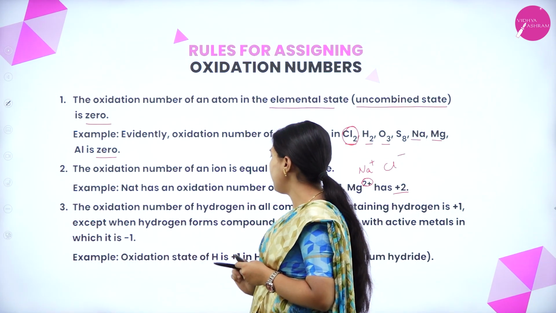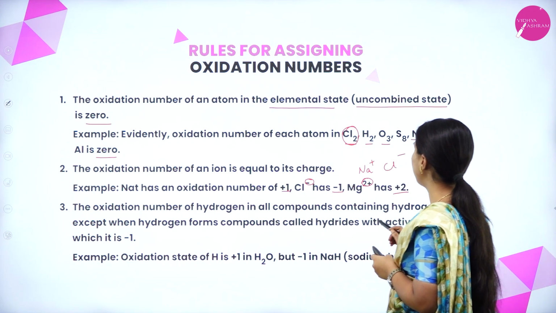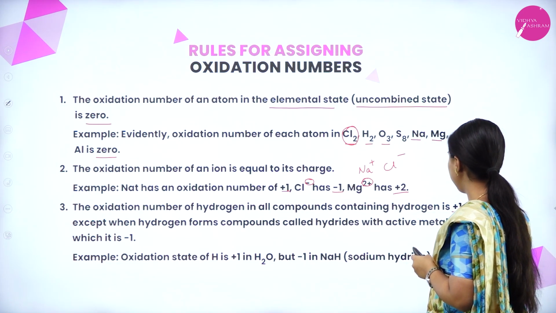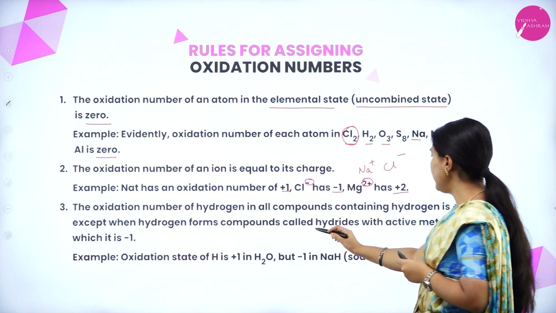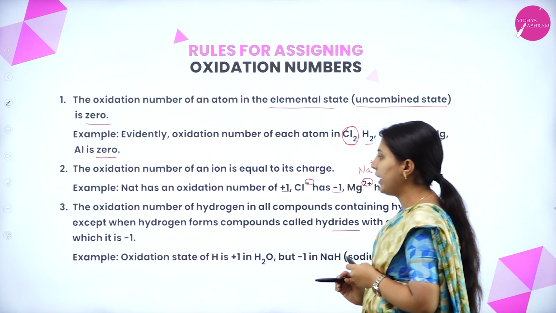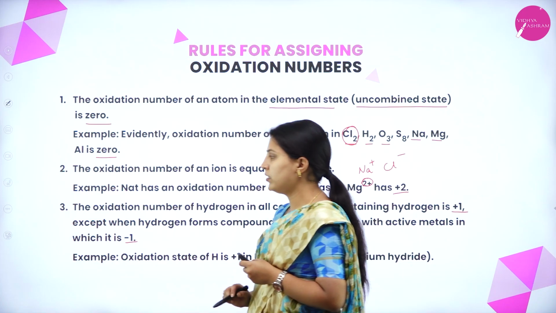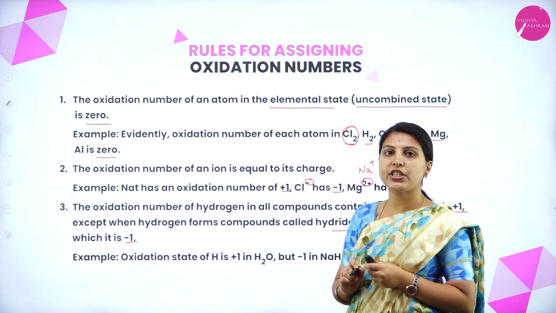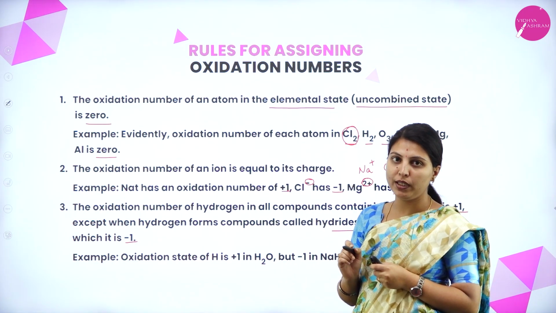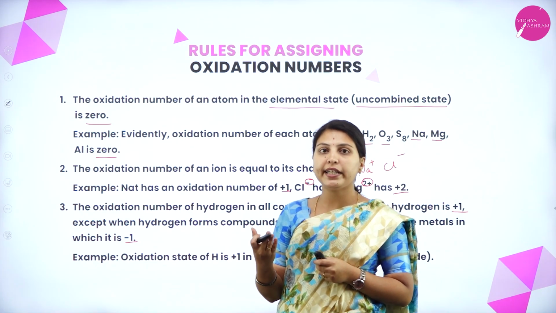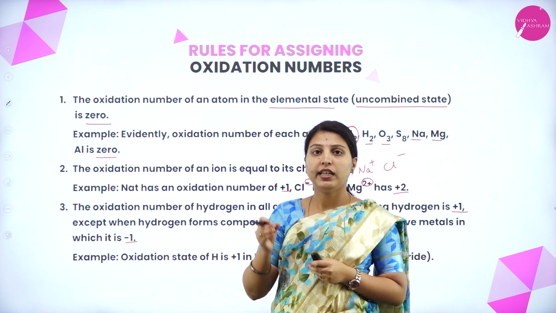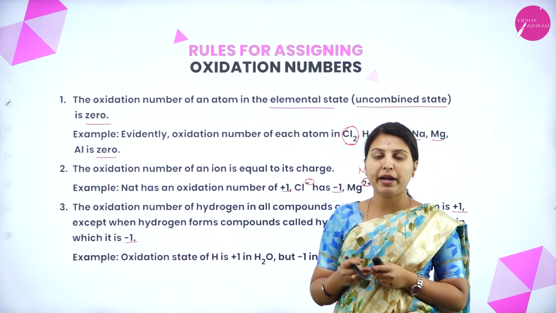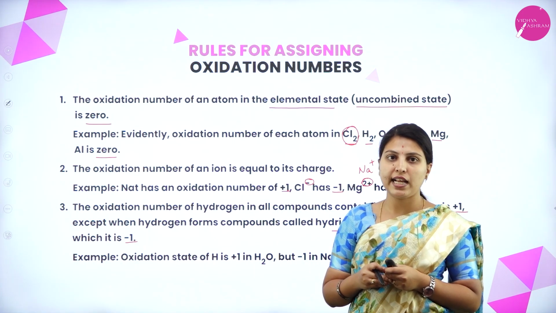Next, the oxidation number of hydrogen in all compounds containing hydrogen is +1, except when hydrogen forms compounds called hydrides with active metals, in which it is -1. Usually the oxidation number of hydrogen is +1, but whenever it reacts with metals like sodium, potassium, calcium, it forms hydrides like sodium hydride, potassium hydride or calcium hydride.